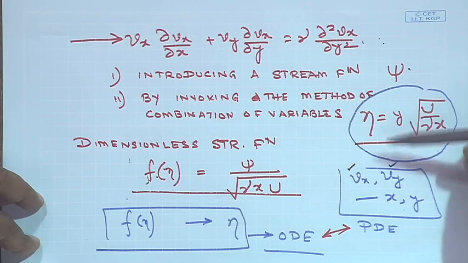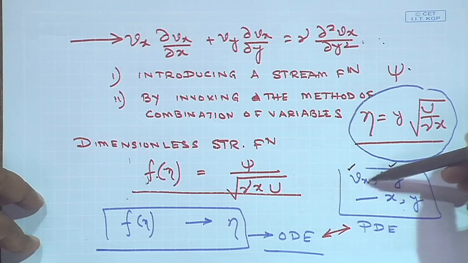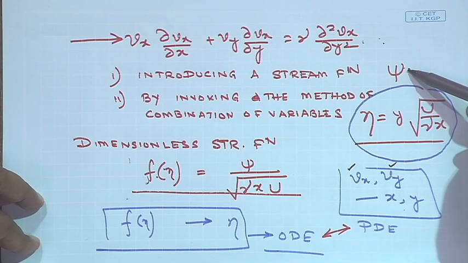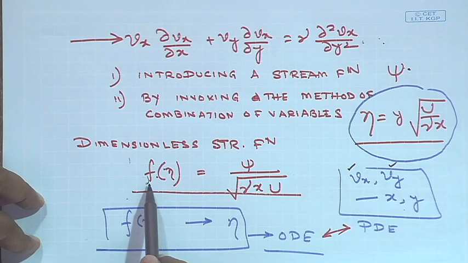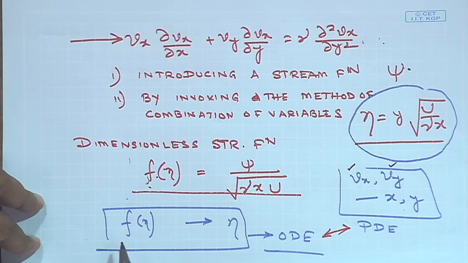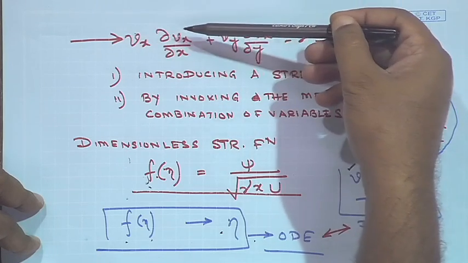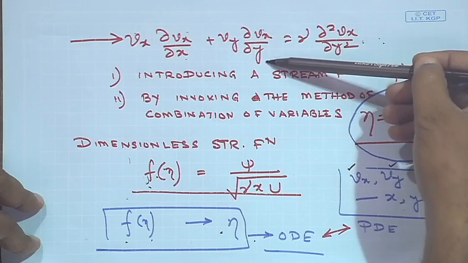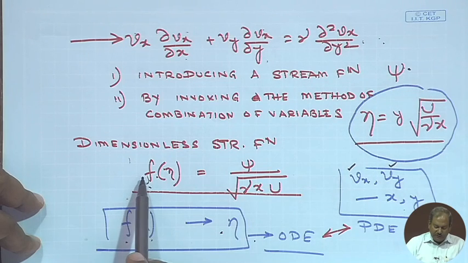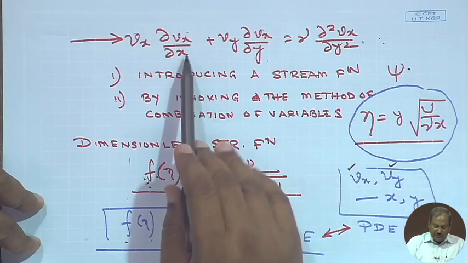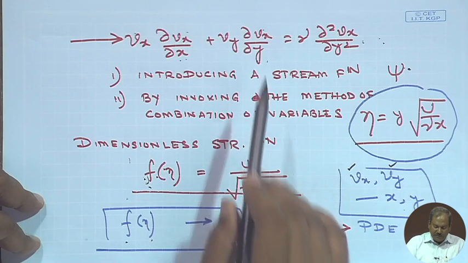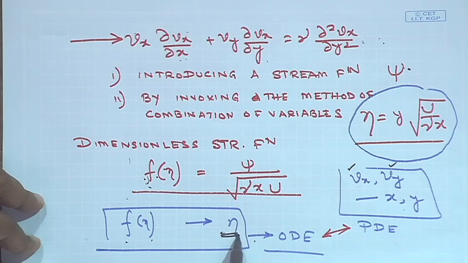Since we know what would be the expression for Vx if we know psi, and since it's a dimensionless equation, we also substitute psi with a dimensionless stream function. So f is a function of eta, and we are hoping that this PDE can be transformed to an ODE when, instead of Vx, del Vx del x, Vy, del Vx del y, and so on, we introduce the dimensionless stream function, and instead of x and y as the independent variable, we bring eta as the independent variable.